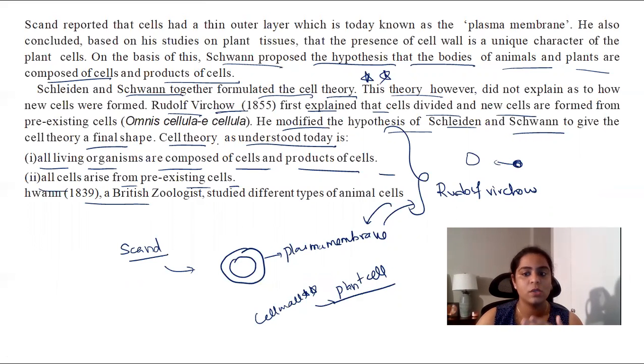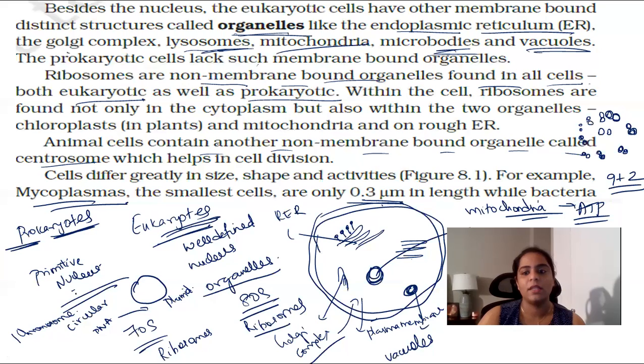And Rudolf Virchow is the one who has given the cell theory a final shape. और उन्होंने बोला कि सारे living organisms are composed of cells and products of cells and they come from pre-existing cells. ठीक है.